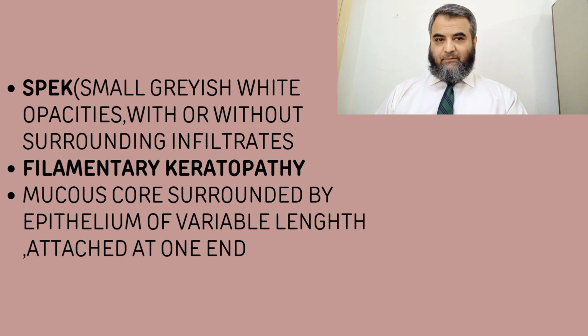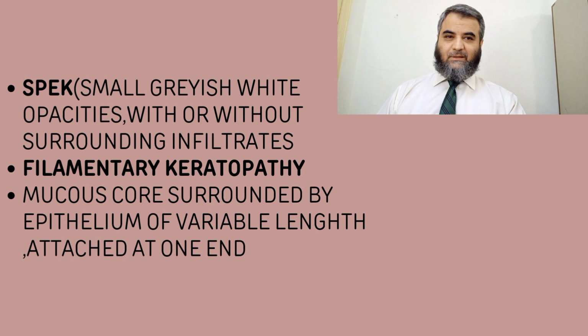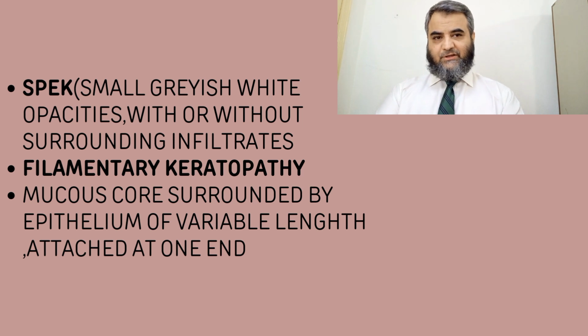While in filamentary keratopathy, these lesions will be there, but they will have a mucous core surrounded by epithelium, which will be of variable length, and one end of it will be attached.